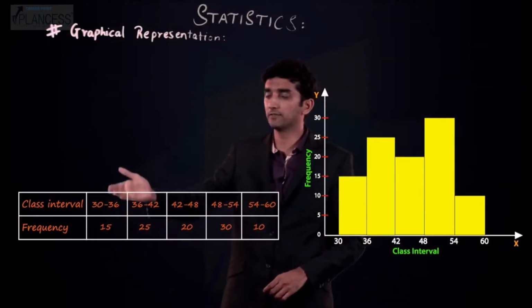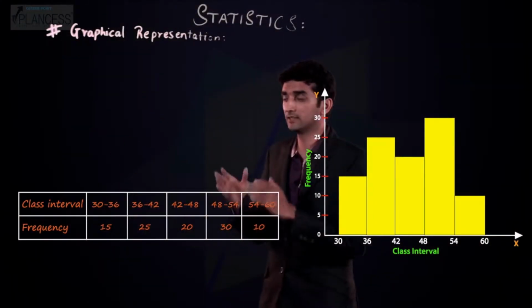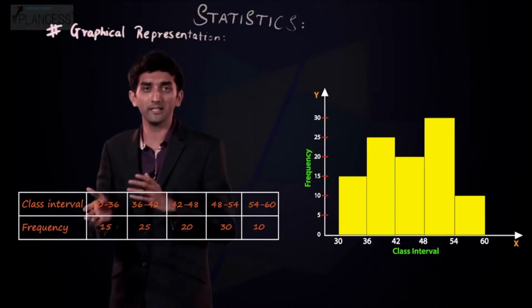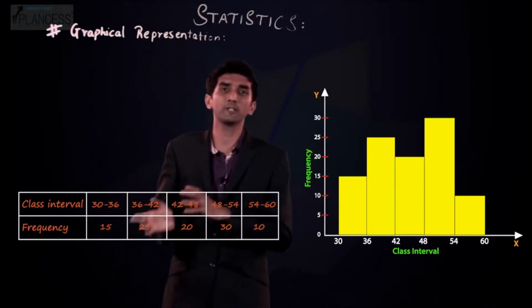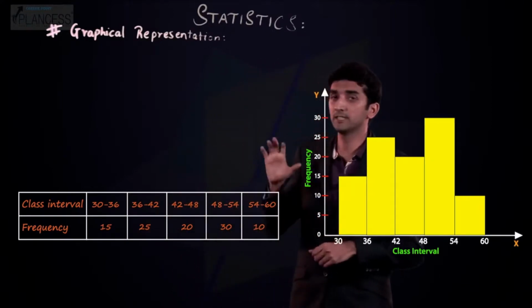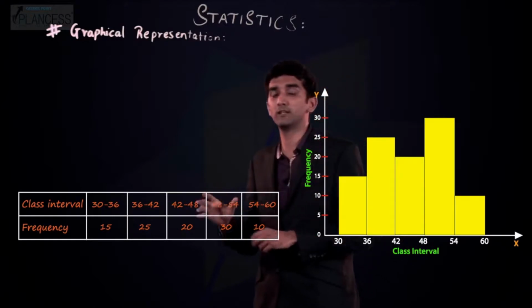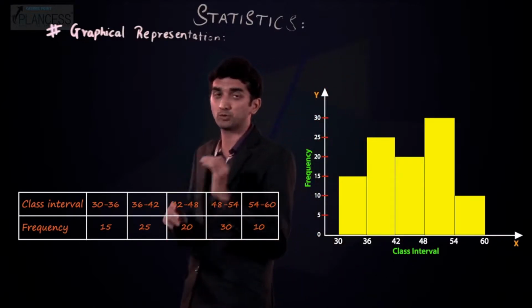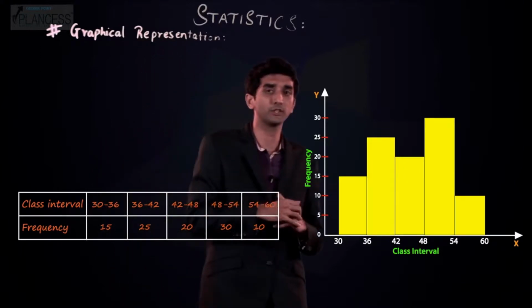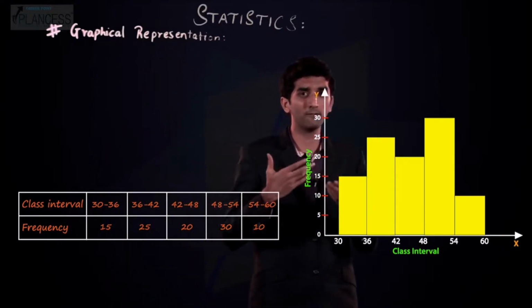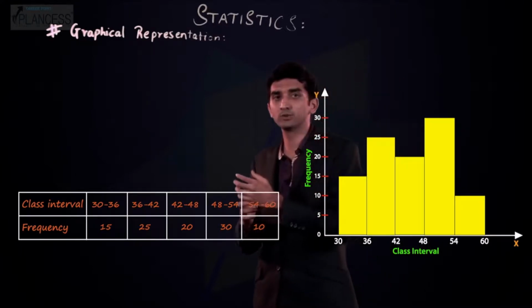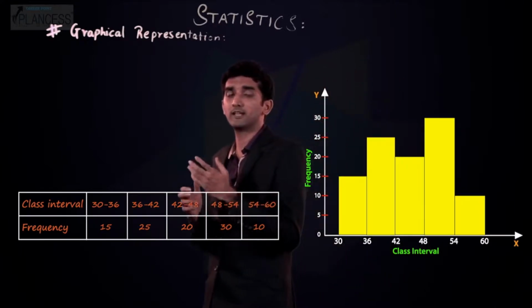Here we have the class intervals, as you can see, 30 to 36, 36 to 42, 42 to 48, 48 to 54, and lastly 54 to 60. One thing that you need to notice here is this frequency distribution table is in its exclusive form. As I said before starting this particular section of graphical representation, make sure that whenever you have frequency distribution tables, they are always in their exclusive form, because then there are no gaps.